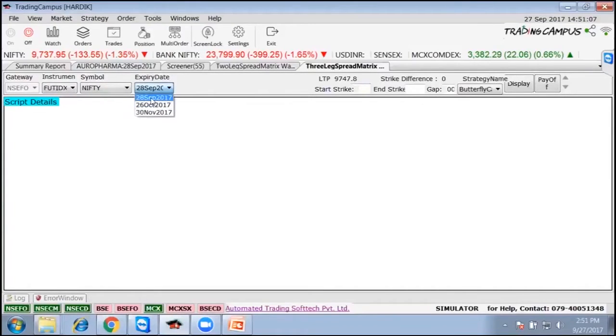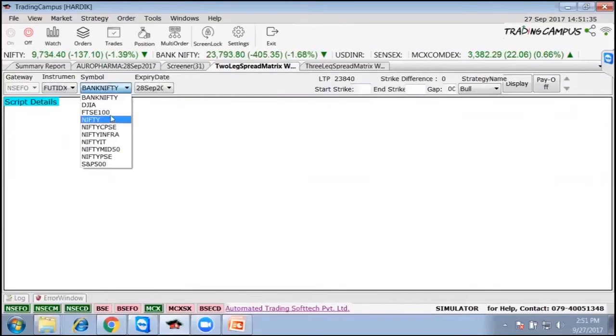September 28 is tomorrow where it will end, so I'm taking the next month. So 9,400 to 9,800, and I'm doing it under this. Under Nifty, I'm saying 9,400 to 9,800.